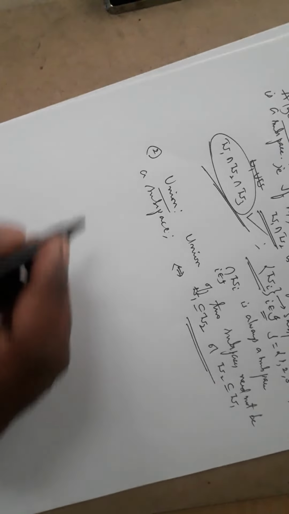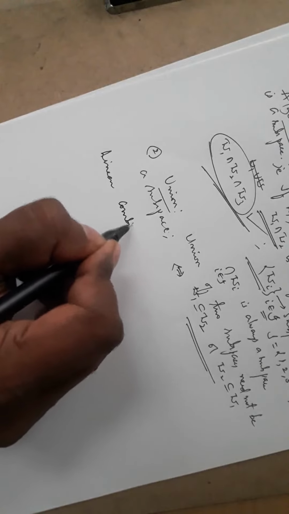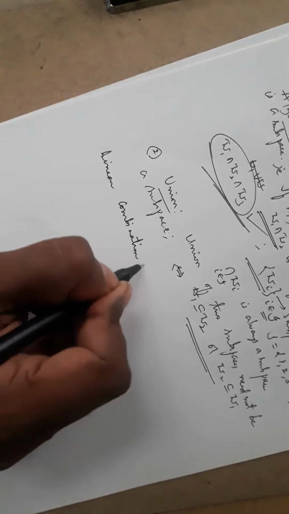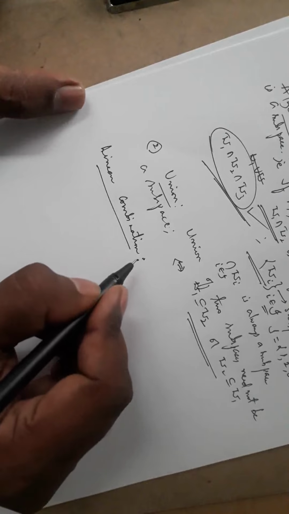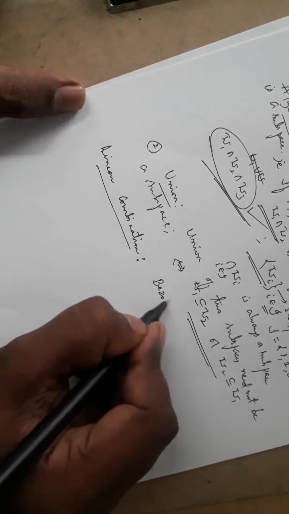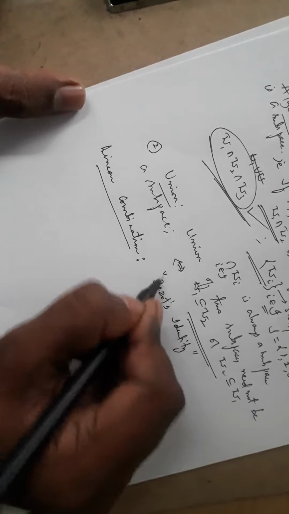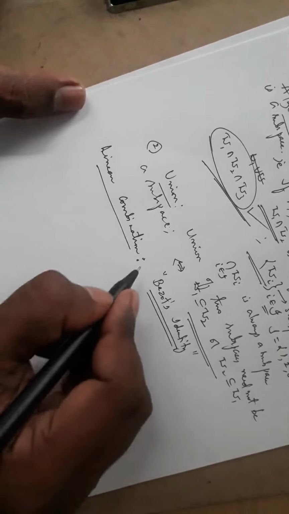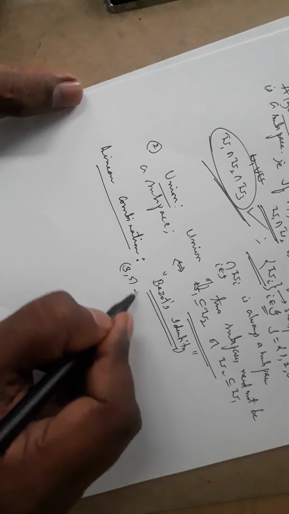Next thing is, what is a linear combination and linear span? See, for this, we have one identity which we use in number theory called Bézout's identity. What is this Bézout's identity? It says, see, 3 and 5 are relatively prime.